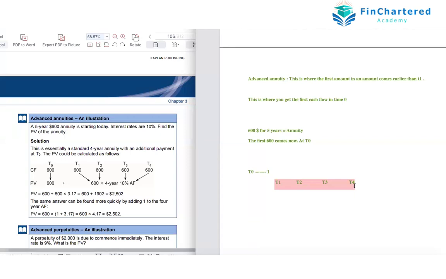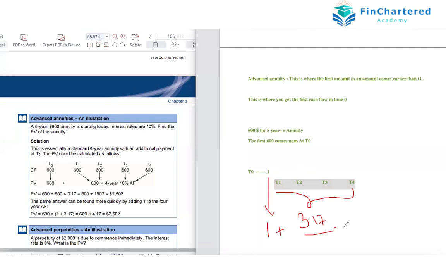And the annuity factor for the remaining 4 years will be calculated as usual. What do I mean by as usual? 10% for 4 years. If you see 10% for 4 years, the annuity factor will be 3.17. Plus, for the first period, the annuity factor is 1.